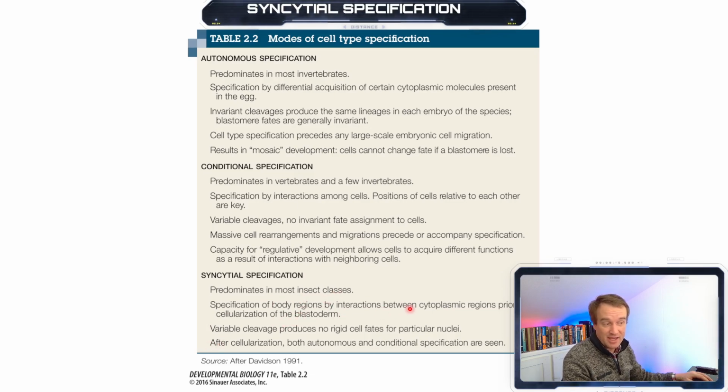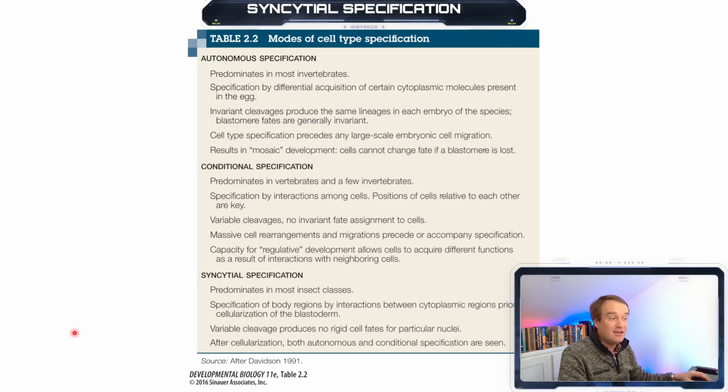It's specification of body region by interaction between the cytoplasmic regions prior to cellularization of the blastoderm. So we have these gradients before cellularization, and after cellularization, it's a combination of autonomous and conditional specification. So that is it for specification.